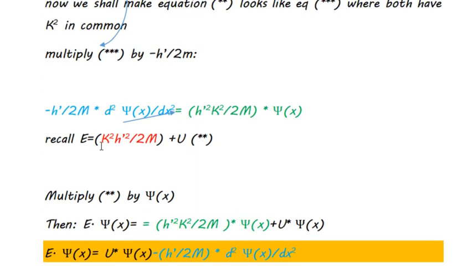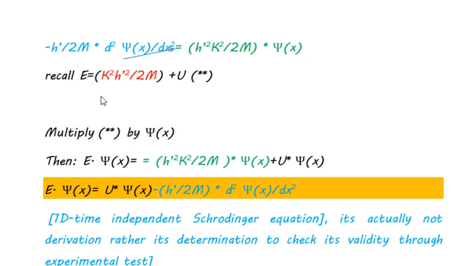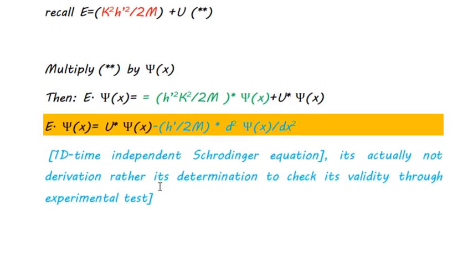Again, recalling from equation number 2, this value is also in equation number 2. So again, we're going to multiply equation number 2 by the wave function, and it will result in this distributed equation. It's simply rearrangement and substitution, and finally we get the one dimension time independent Schrodinger equation.